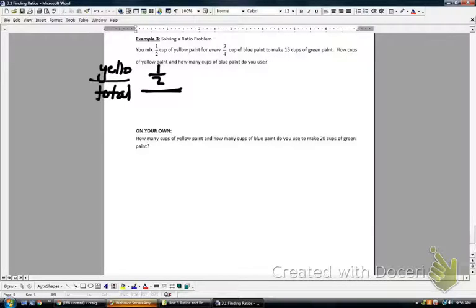This is where I'm going to use complex fractions. And then my total is 1/2 plus 3/4. So that comes out to be 1/2 divided by 5/4, or 1/2 yellow paint to 5/4 total paint. And I can divide that on a calculator, and when I work that out, then I get 2/5.